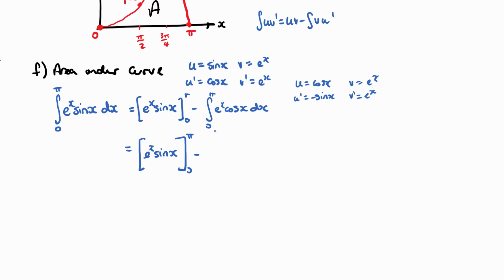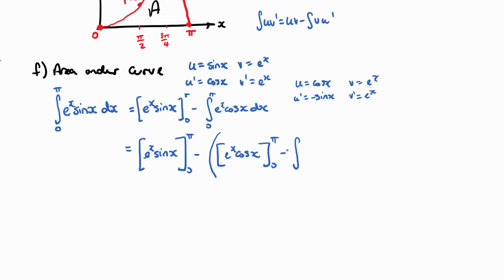And I'm going to get the integral of e to the x cos x. This is going to be uv, so I'm going to put a big bracket here. uv, so e to the x cos x with our limits of pi and 0, minus the integral of v u dash.